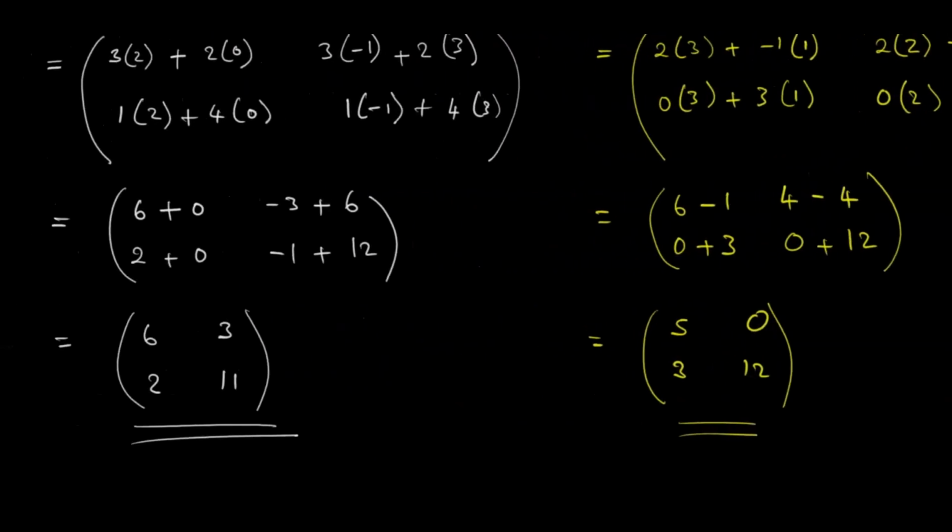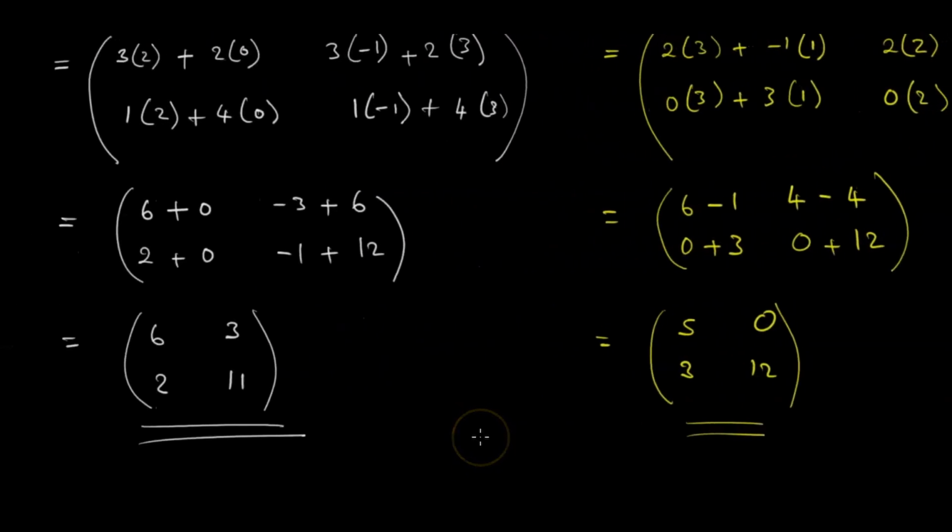Comparing our answers, they are completely different. There is actually no notable similarity between my answers, except that they are both 2 by 2. So you should know that even though with numbers the multiplication order is interchangeable, with matrices order is very important.